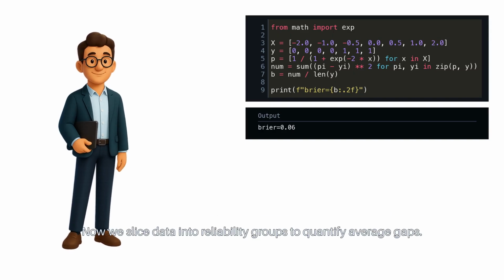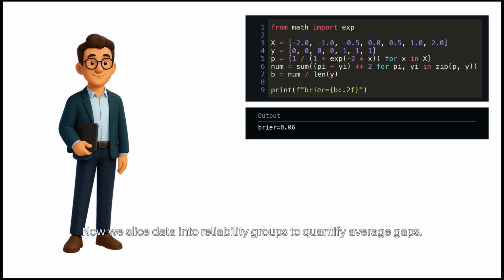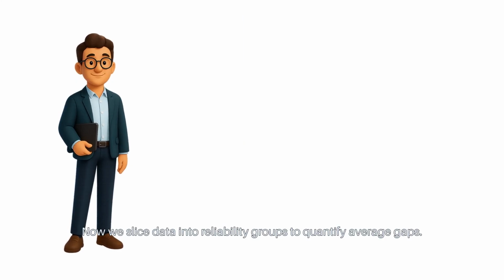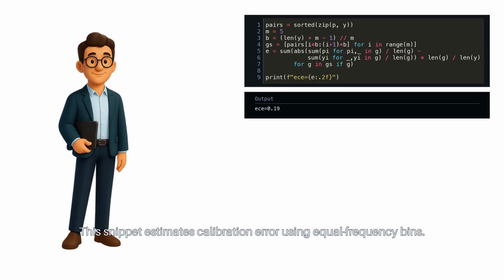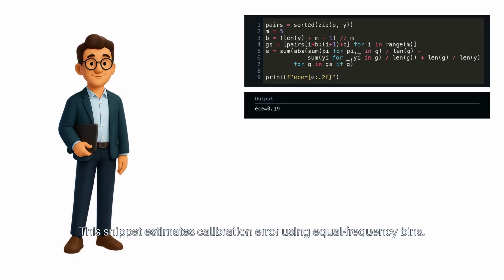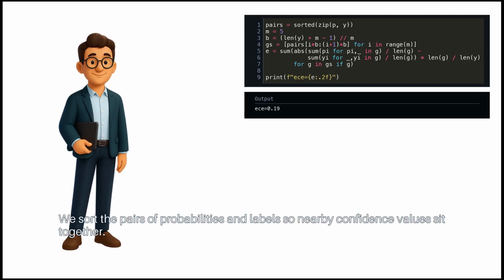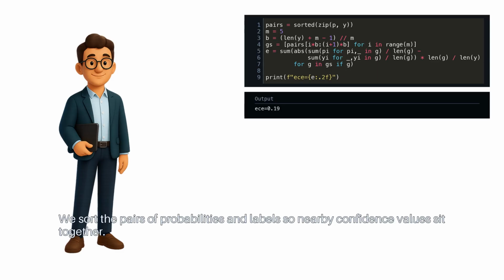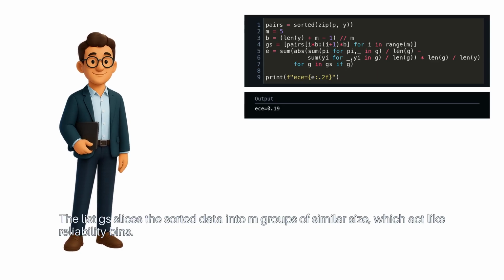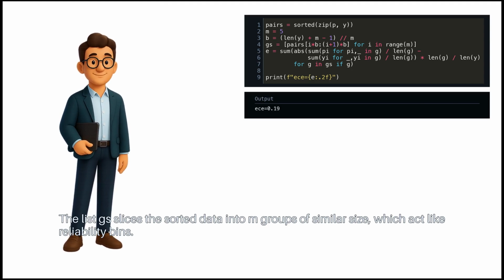Now we slice data into reliability groups to quantify average gaps. This snippet estimates calibration error using equal frequency bins. We sort the pairs of probabilities and labels so nearby confidence values sit together. The list GS slices the sorted data into M groups of similar size, which act like reliability bins.